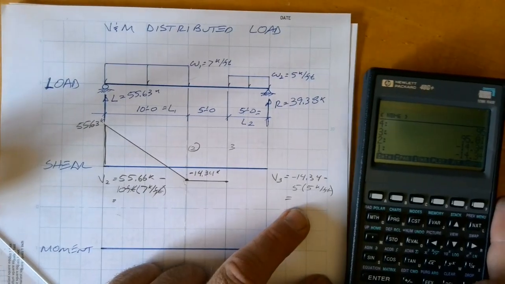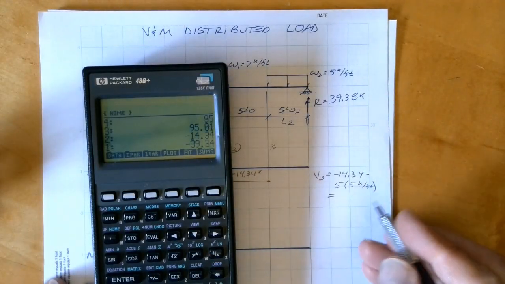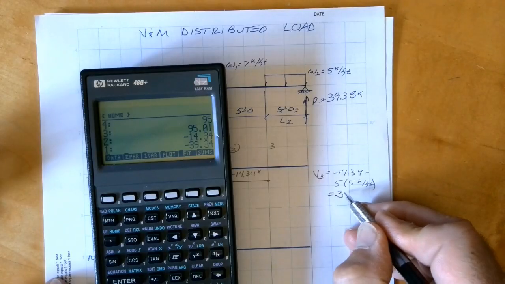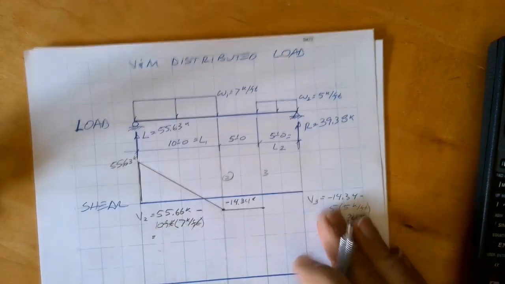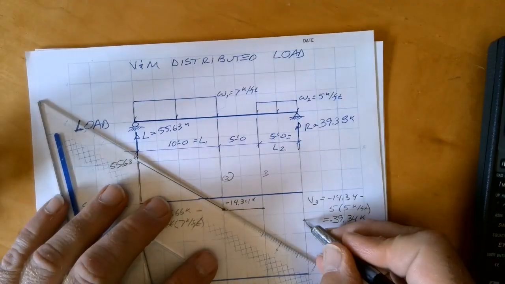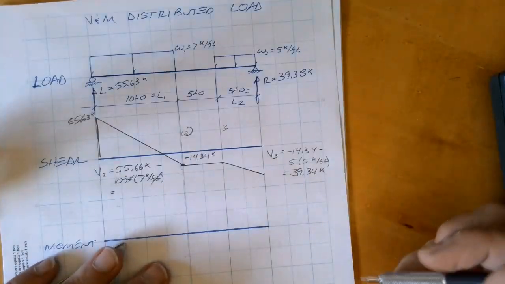So let me do that. It's 25 minus that, so 30 minus 39.34 kips. So that's going to be out here somewhere. Okay, so that gives me that.